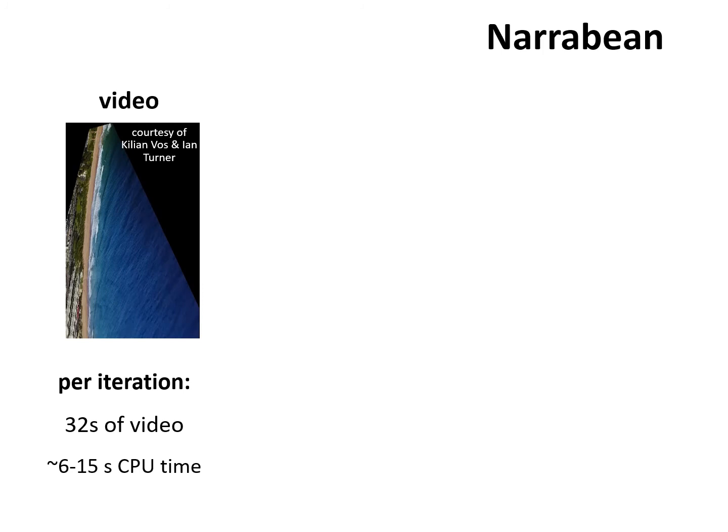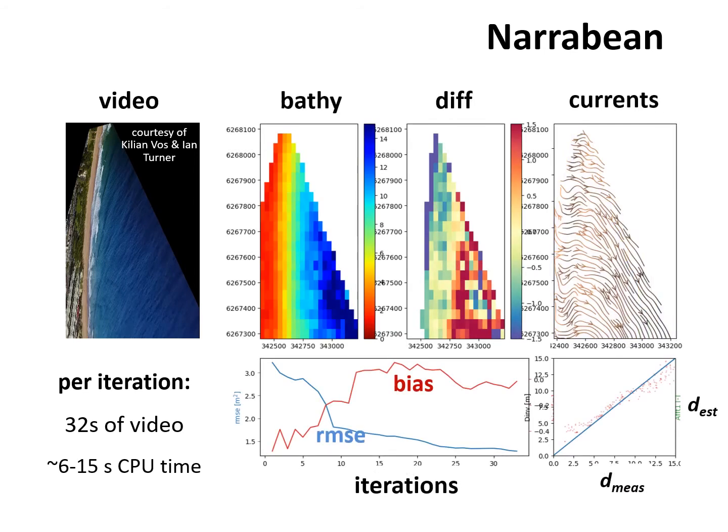We also tested some data from Narrabeen in Australia. These are some drone data, some drone video that Killian Voss took for his master thesis. And the results we get there are as follows. You nicely see the bathymetry again, the curvature that nicely follows the coastline.